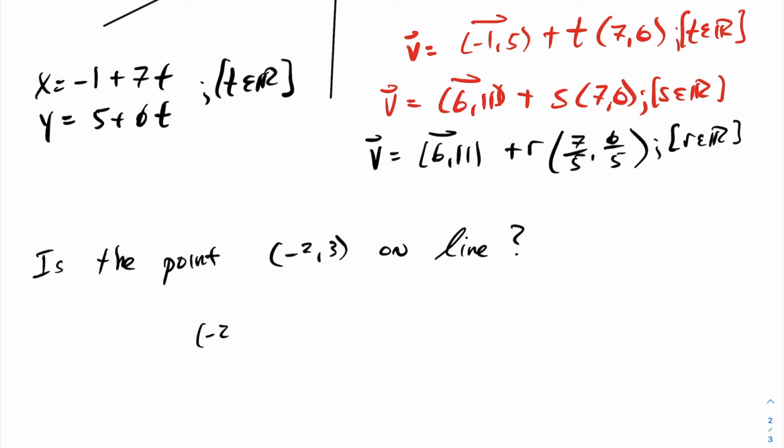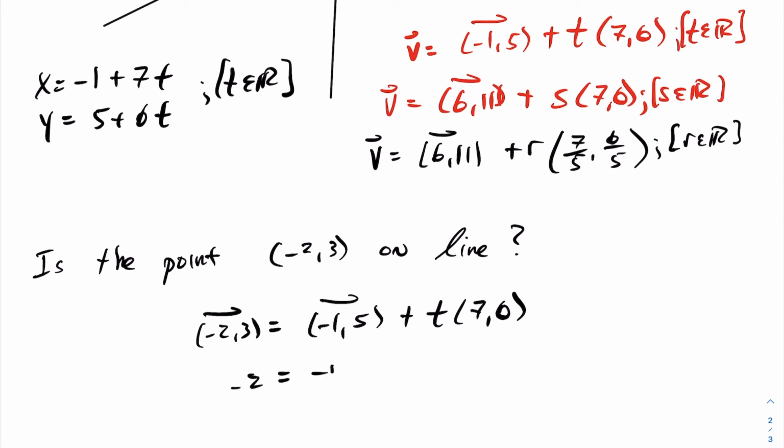Well, if the vector (-2, 3) is on the line, then for some variable t, referencing our first vector equation, there must be some value of t such that (-2, 3) equals (-1, 5) plus that scalar multiple, which must mean that in parametric form, -2 must equal -1 plus 7t, and 3 must equal 5 plus 6t.